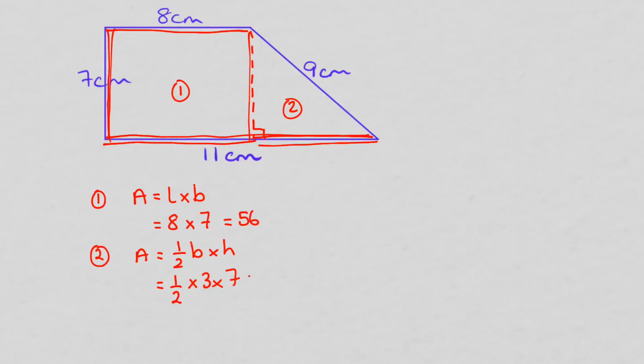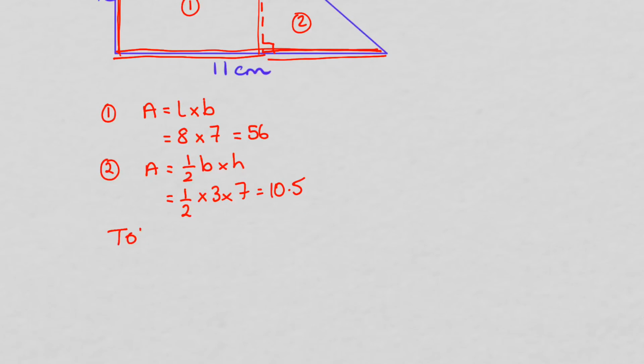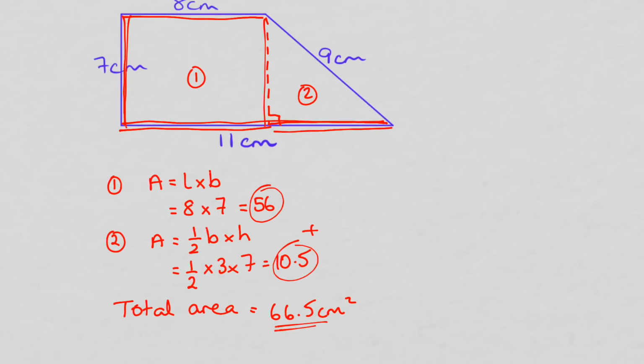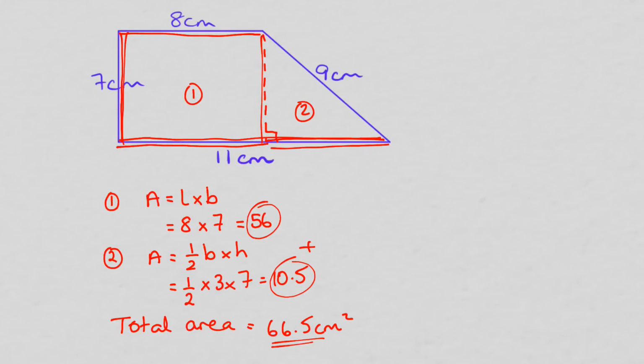So it's a half of 21, so that's 10.5. So total area is equal to these two numbers added together, the 56 and the 10.5, leaving you 66.5 square centimetres.